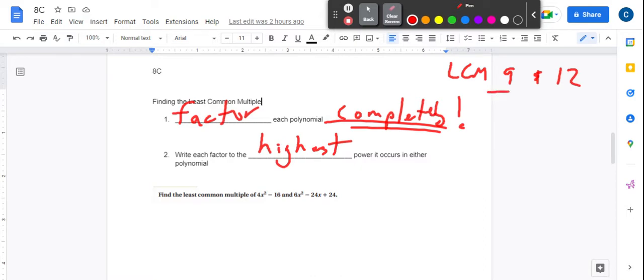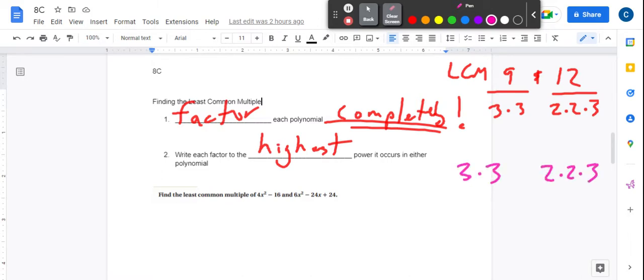So 9 is 3 times 3. 12 is 4 times 3, which is really 2 times 2 times 3. Okay? So we want to find the least common multiple between 9 and 12. So we factor those numbers completely. Okay, so we have 3 times 3, and then we have 2 times 2 times 3. Okay?